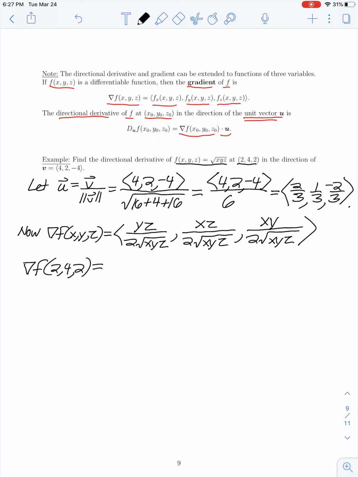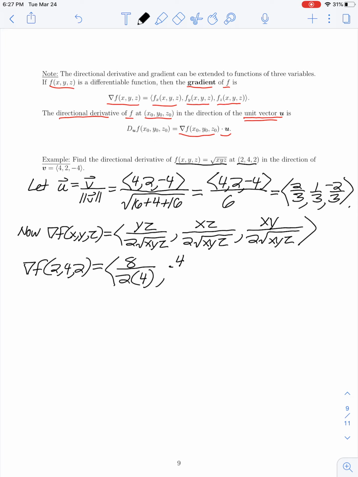So let's evaluate our gradient vector at this point. So for our first component, we have a numerator of y times z, which is 8, divided by 2 times the square root of x times y times z. Now x, y, z here gives us 16, so the square root of that would be 4.